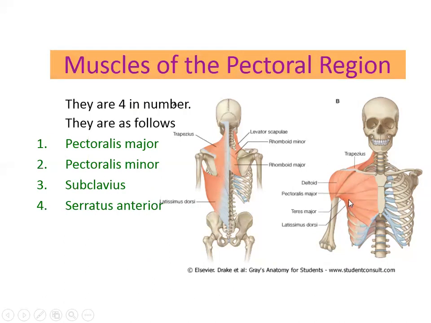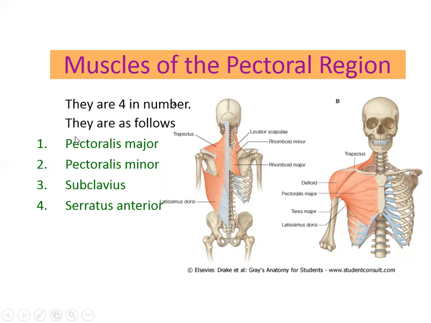Then deep to that, there is a smaller muscle called the pectoralis minor, as well as a muscle below the clavicle called the subclavius. And then behind, there is the serratus anterior muscle. A part of it is not shown here. Let's see later the picture showing the serratus anterior. So these are the four muscles present in this region.